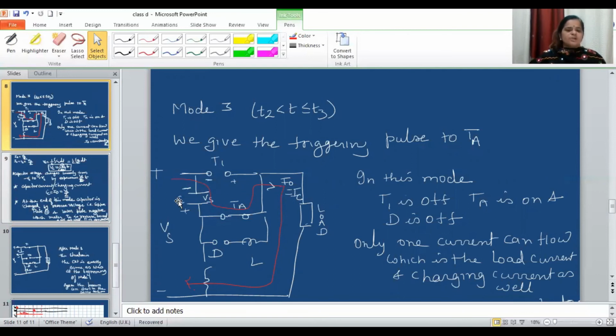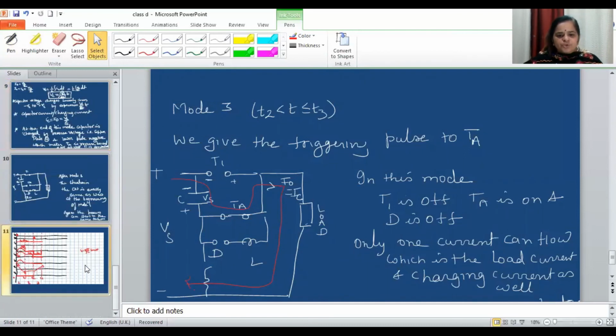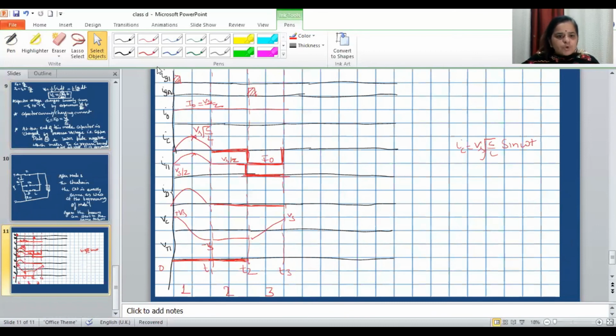Because this capacitor voltage was appearing to T1 as a reverse bias. So in mode 3 the capacitor voltage changes its value from minus Vs to plus Vs but linearly, and as the capacitor voltage changes, the voltage across T1 is also changing in a similar fashion. So it will also change its value linearly.